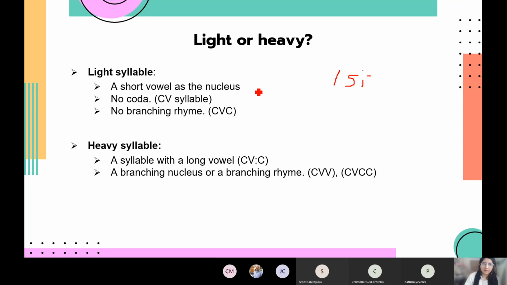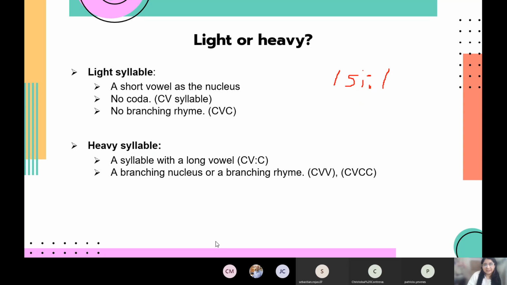That was like this, if I'm not wrong. And even though in this case we have no coda, it wasn't a light syllable because this one is a long vowel sound. So it was a heavy one because heavy syllables can have a long vowel or a branching nucleus or a branching rhyme.